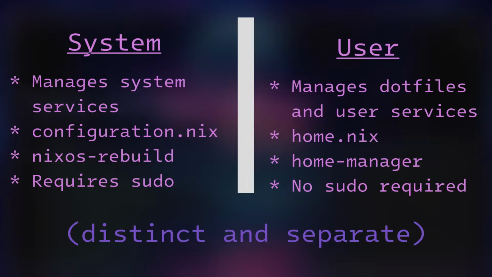One of the advantages to this is that you don't actually require root to get this up and running. So setting up your configuration this way is technically a little more portable because you could take your Home Manager configuration to a system that you don't have admin privileges on.